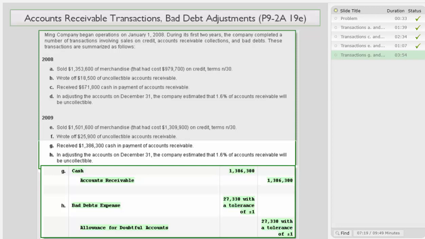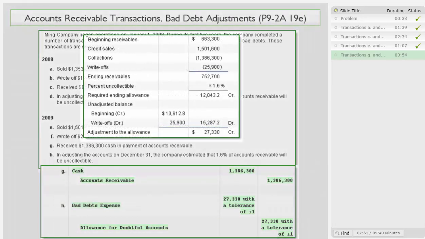If we were using a P&L approach, which would be a percentage of sales approach, we would simply compute the bad debt expense amount and let the allowance float, if you will, or it becomes the amount we force. But we're using the balance sheet approach, so we're concerned with stating the allowance for doubtful accounts is the correct amount, and we allow the bad debt expense to be that portion of the transaction. That is what it is. It simply is the offset so that our debits equal our credits.